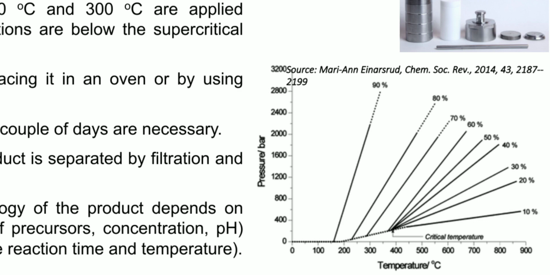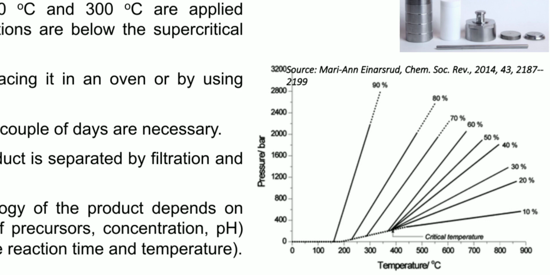So what is important is that if you are filling 90%, then you have to keep it at a lower temperature, around 150 degrees centigrade. But if you fill 70% of the Teflon liner, then you have to increase the temperature, which is around 280 degrees centigrade.